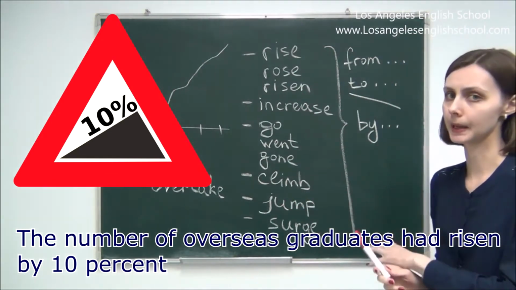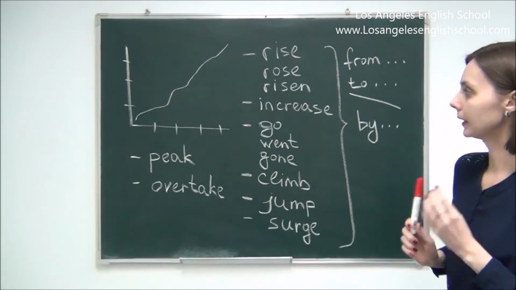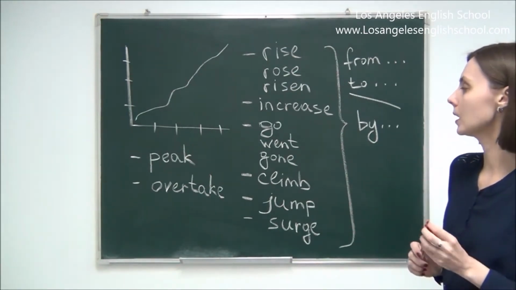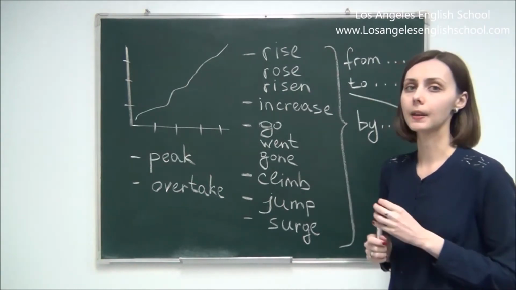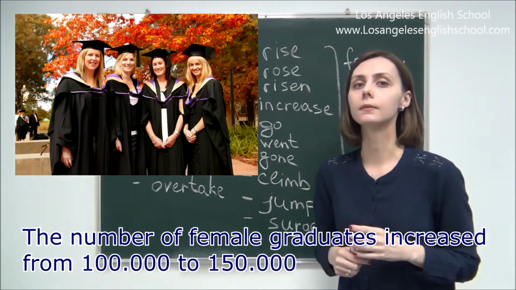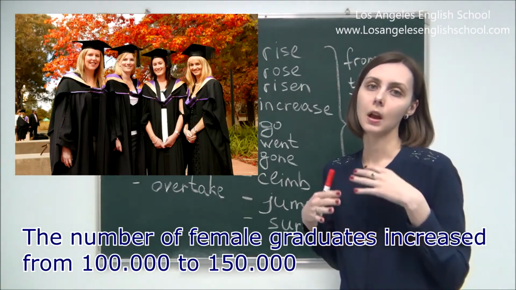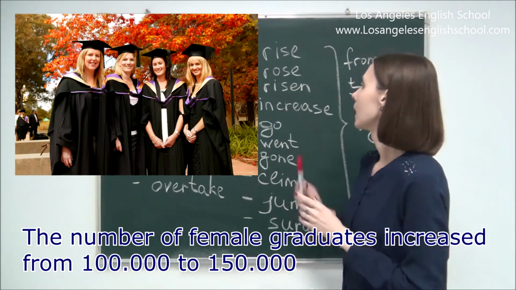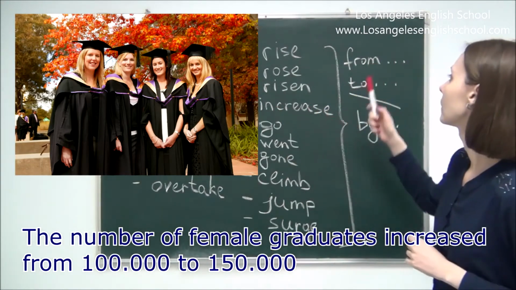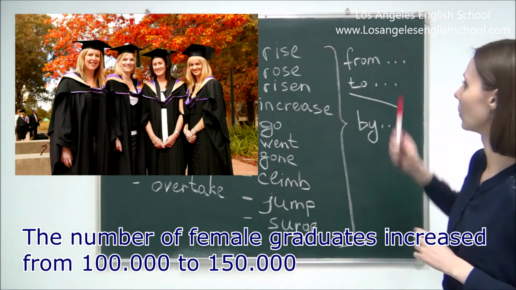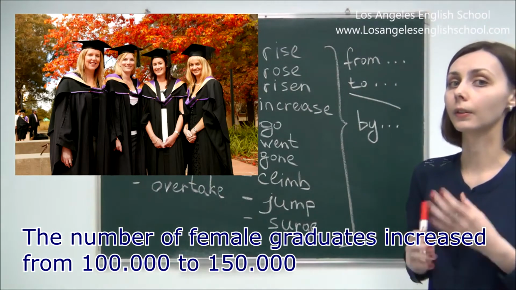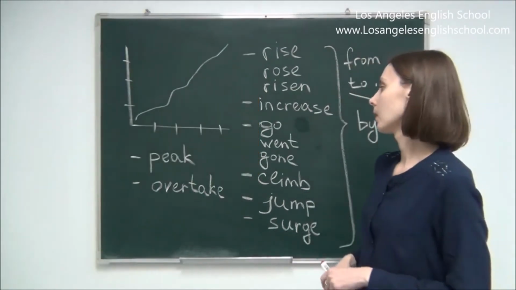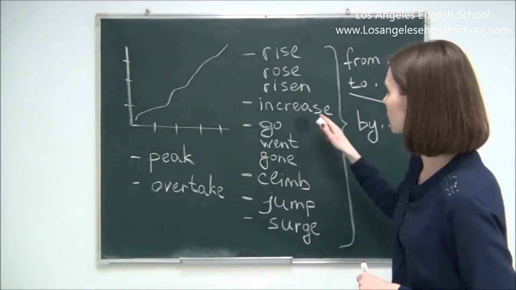The next verb that you can use is increase. For example, you can say that number of female graduates increased from 100,000 to 150,000. You also can use the verb go and gone, go.